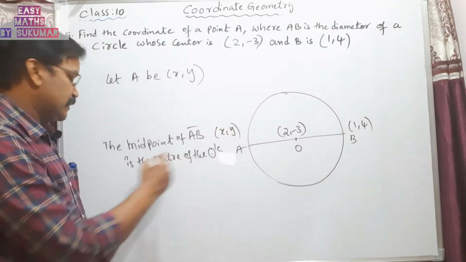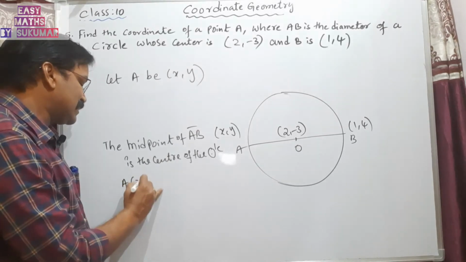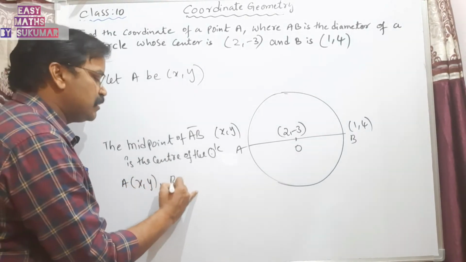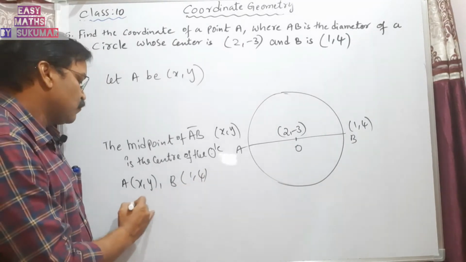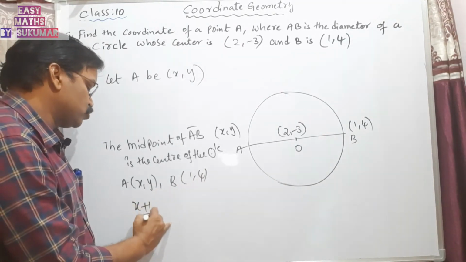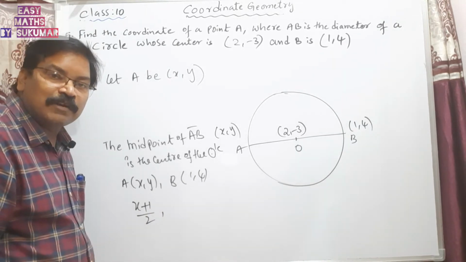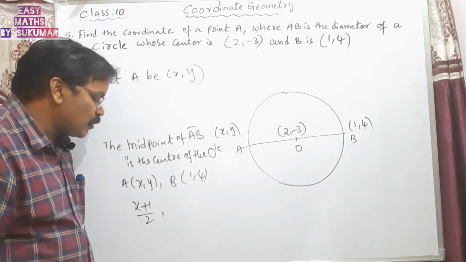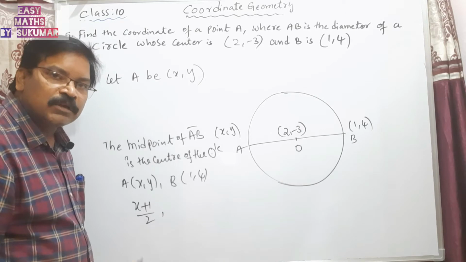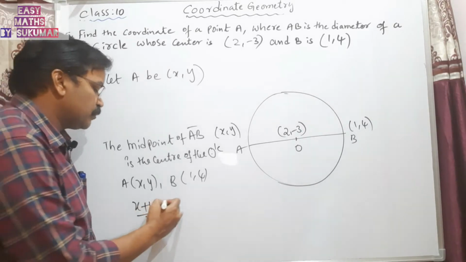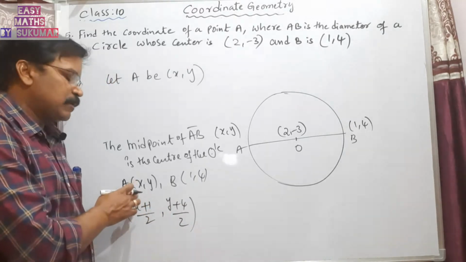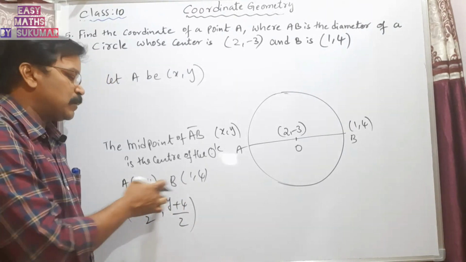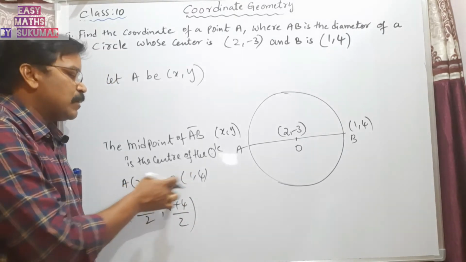That means here A is (x, y) and B is (1, 4). So the midpoint of AB is (x plus 1)/2, using the midpoint formula (x1 plus x2)/2 comma (y1 plus y2)/2, that means (y plus 4)/2. The midpoint of AB is ((x plus 1)/2, (y plus 4)/2).